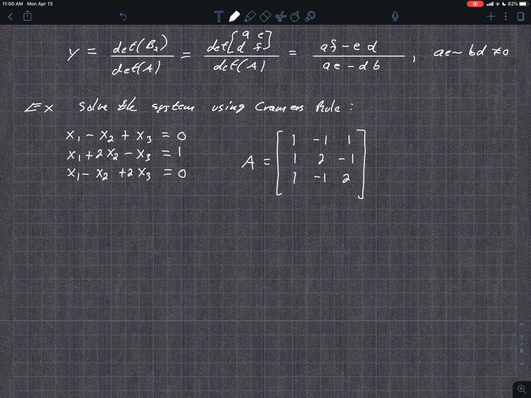So entering in the matrix, 1, negative 1, 1, 1, 2, negative 1, 1, negative 1, 2. Enter, double check, and take its determinant, and I get the determinant of A is equal to 3.